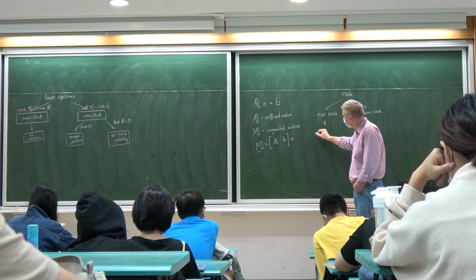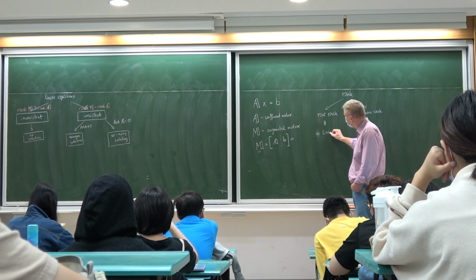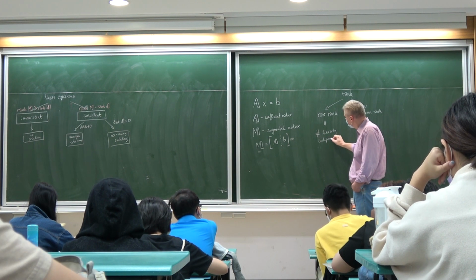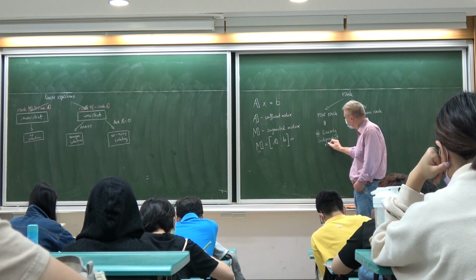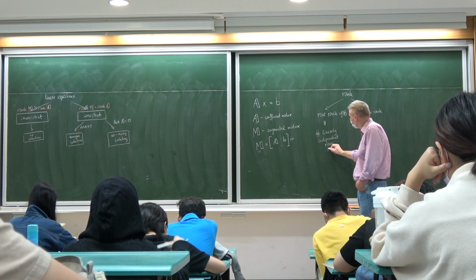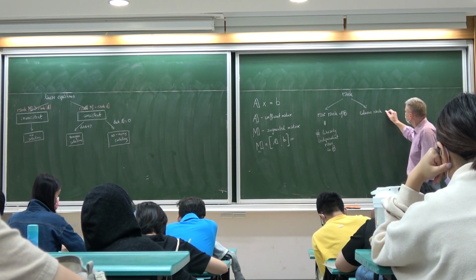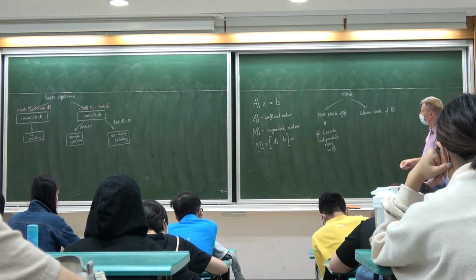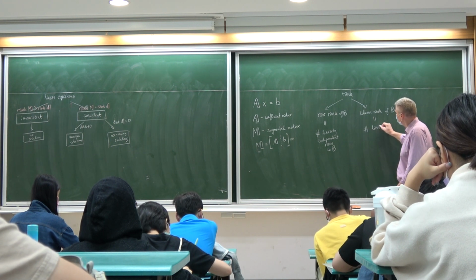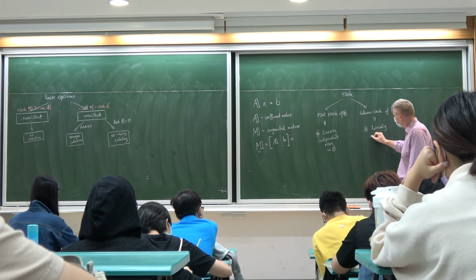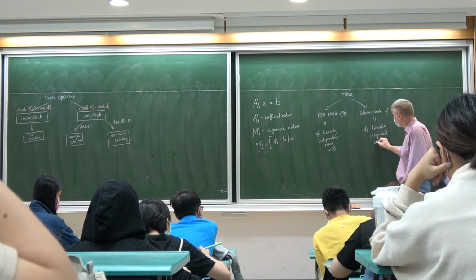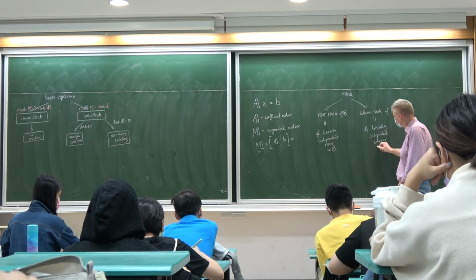It is the number of linearly independent rows in B. And column rank is the number of linearly independent columns in B.